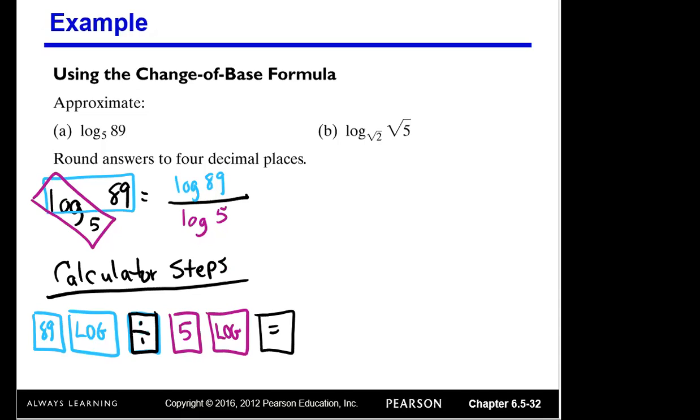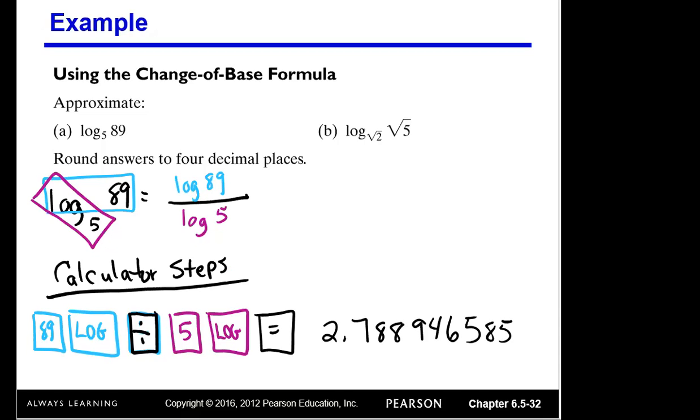And when I do this, I'm hitting 89. LOG is in that top row, dead center. And then hit divide by 5 log. And then you have to hit the equal sign, because when you hit 5 log, you'll actually see the answer to just a log of 5. So hit equals, it'll go back and do the division, and it's going to display 2.7889465585.